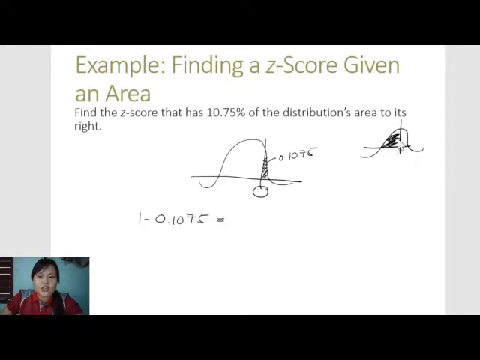But your problem is on the right, so we do 1 minus. So 1 minus 0.1075 is equal to 0.8925. That 0.8925 is what we will look for in the table.